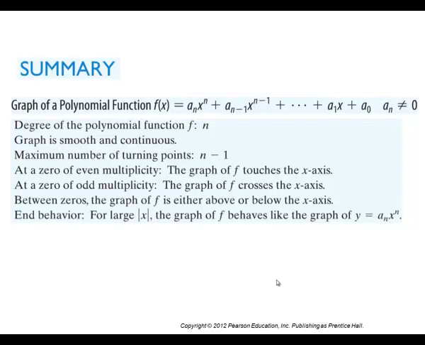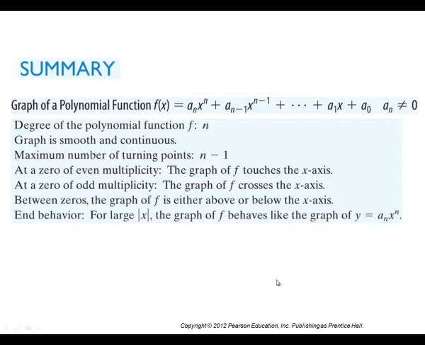That's what that means. At a 0 of even multiplicity, the graph of f touches the x-axis. So if you have a function with a 0 of even multiplicity, then it's going to touch. It's not going to go through the axis.